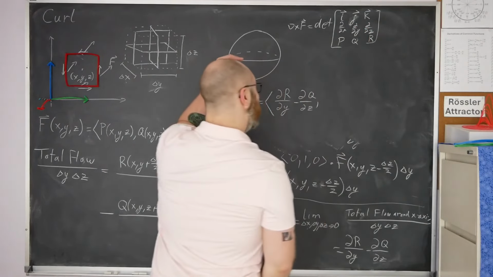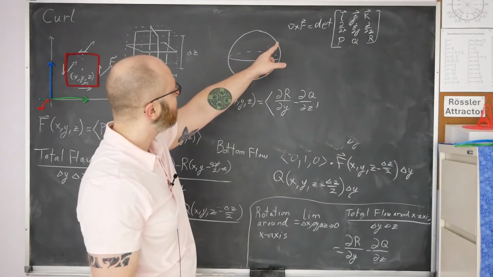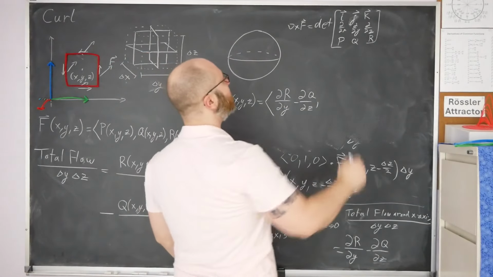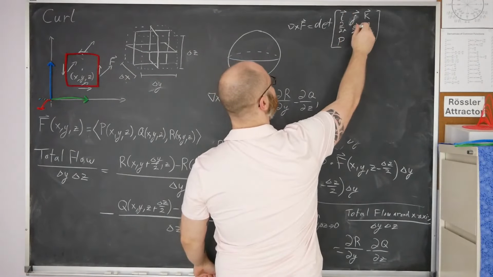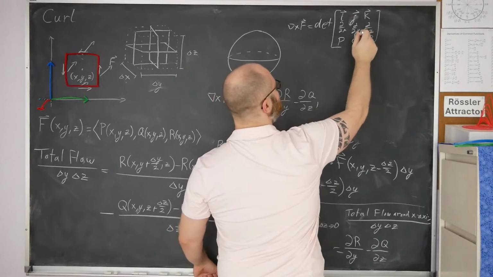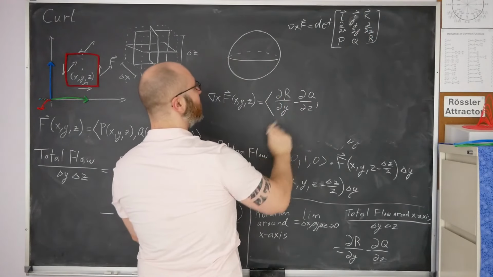Okay, so let's make sure I did the i one, the x-axis direction, right? That was i times partial y times R. There's my partial R partial y. And we got minus partial z times Q, so partial Q partial z.